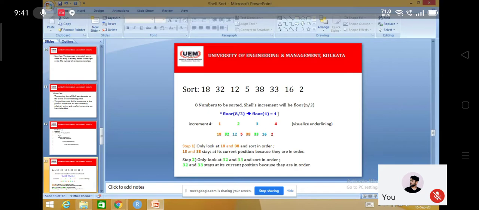Anyway, take the 4, and what does this 4 mean? You need to select the elements for your comparison with a gap of 4. Okay, fine. So if 4 is there, then possible H values are 1, 2, 3, 4. This is possible. Not that every time you will take all of them. Rather, I have used color codes to indicate which elements are in the same group.